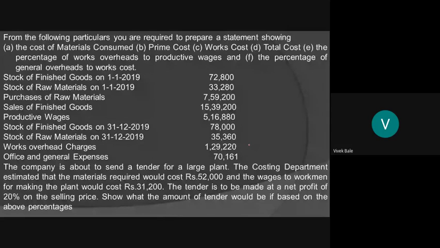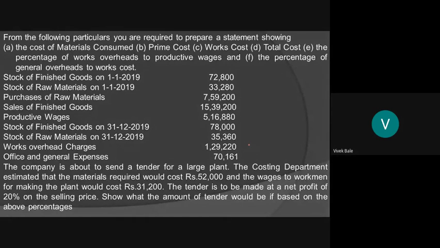It means whenever the company sends a tender, it expects at least 20% profit on the tender price. To calculate the tender, we have the costing information, and from it we must calculate the percentage of works overhead to productive wages and the percentage of general overhead to works cost.